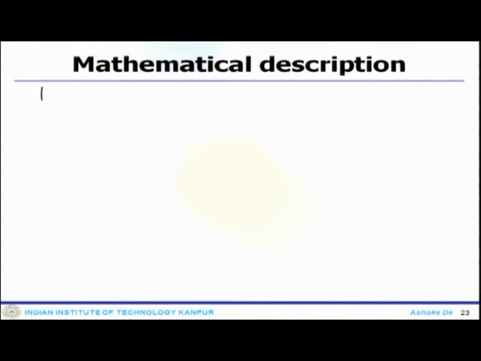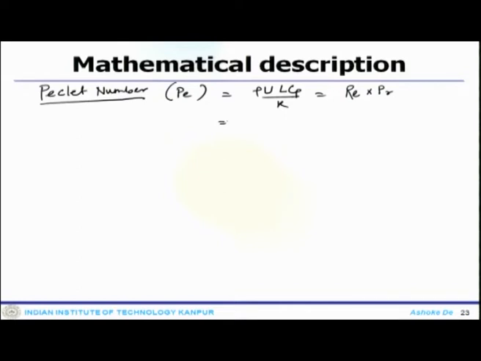Now, another non-dimensional number is called the Peclet number. The Peclet number is typically represented by Pe, and this is rho u L Cp by K. Essentially it is a product of Reynolds number and Prandtl number.